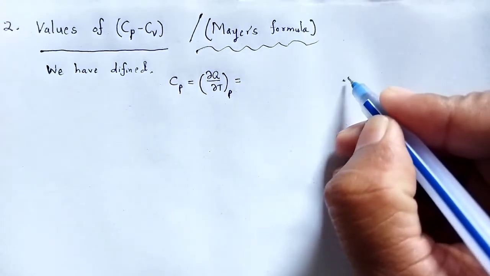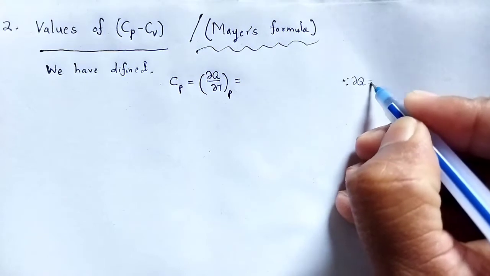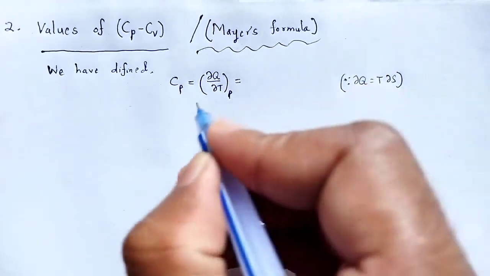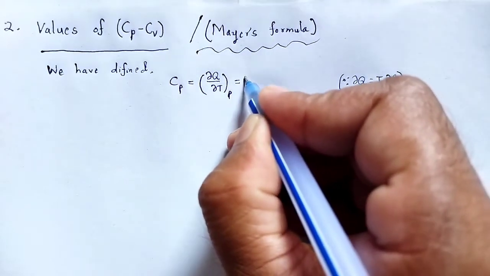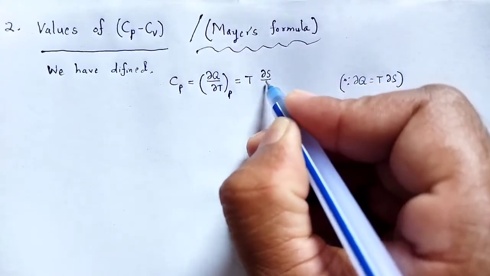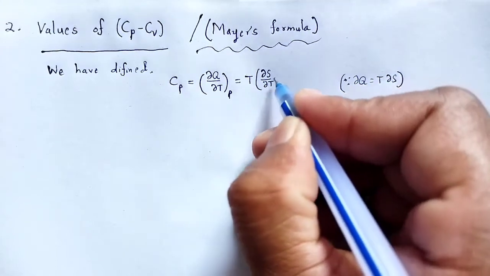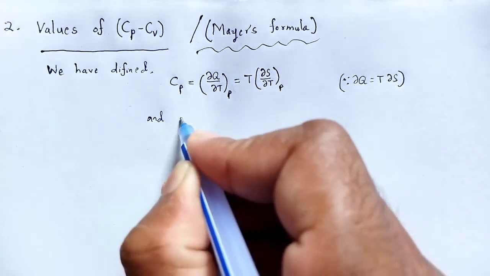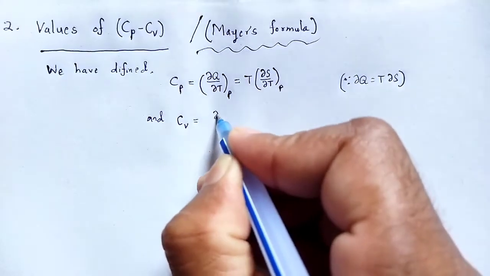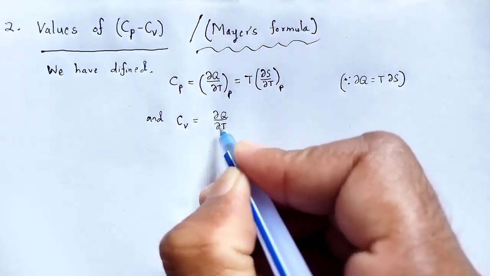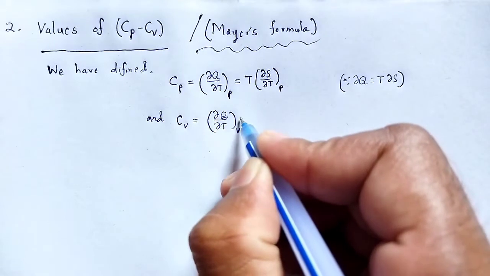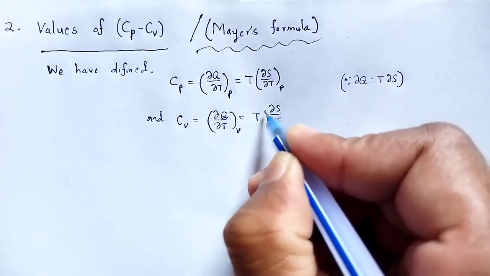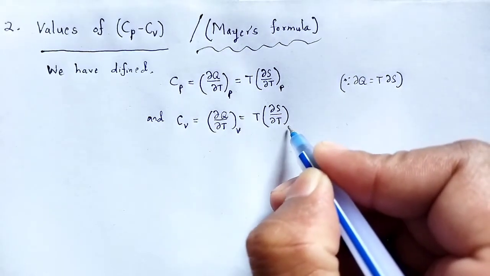We know dQ is equal to T dS, from the second law of thermodynamics. So that equation will be Cp equals T del S by del T at constant pressure, and Cv, specific heat at constant volume, is del Q by del T at constant volume, that will be T del S by del T at constant volume.